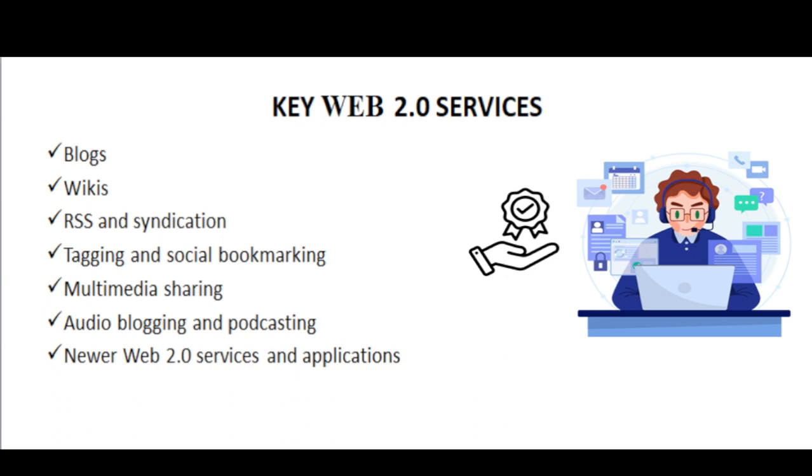Examples include social media platforms like Facebook in 2004, Twitter in 2006, and newer services like Instagram in 2010 and TikTok in 2016. The purpose of these services is to enhance connectivity, collaboration, and user engagement through innovative features and applications.